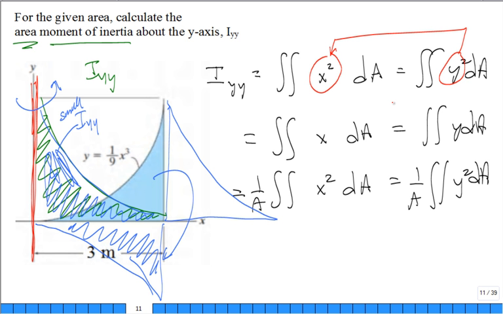You know, when I learned it way back when, it was so confusing. So what's the correct equation? Isn't this the correct equation for I sub y? The integral of x squared. Hey, why isn't it y squared? It's x squared. It's the distance from that axis, and it's the area moment, so you sum over the areas.